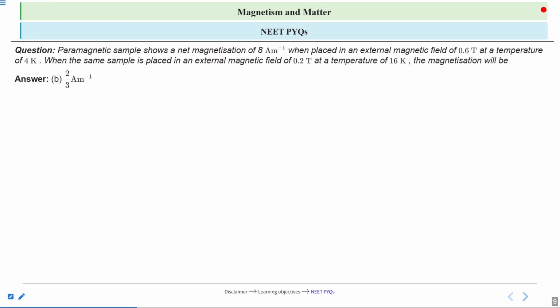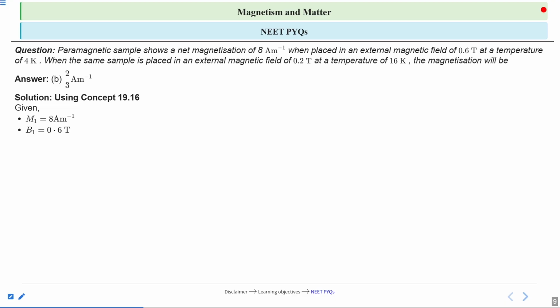So let's see the solution. The correct option is B, 2 by 3 ampere per meter. Using concept 19.16, what is given? When the temperature is 4 Kelvin and the magnetic field is 0.6 Tesla, the net magnetization M1 was 8 ampere per meter.